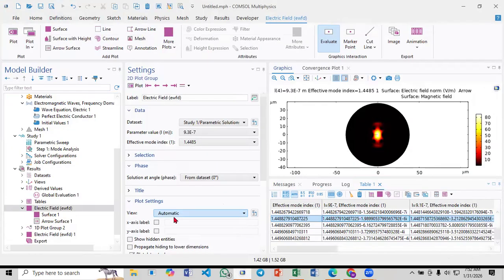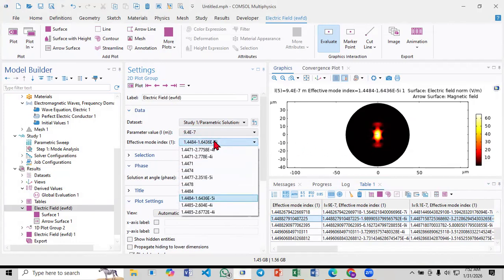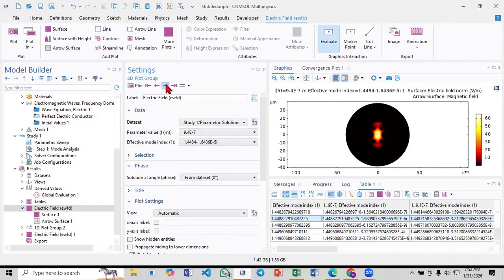For 940 here you can see this is not the polarized light, so let me find out this polarized light. This one is the polarized light from the bottom, the position is 3 actually. Let me check.